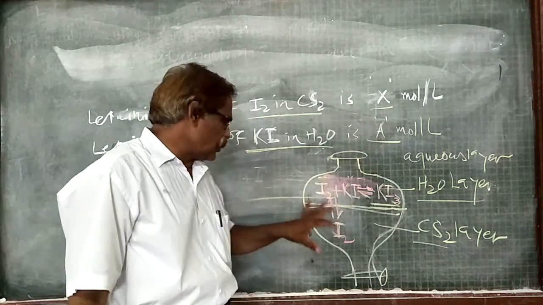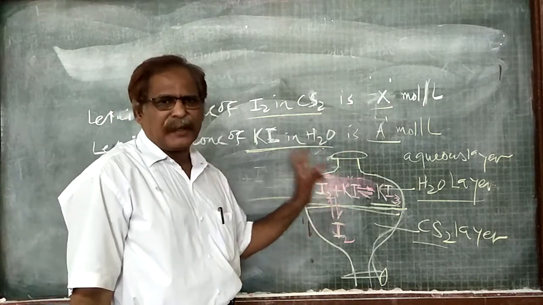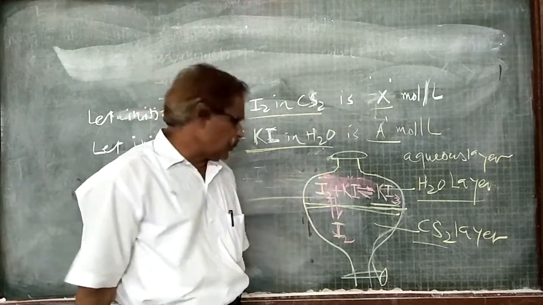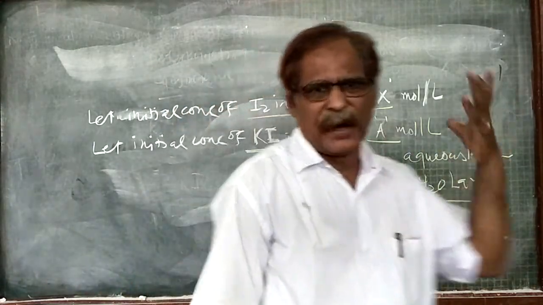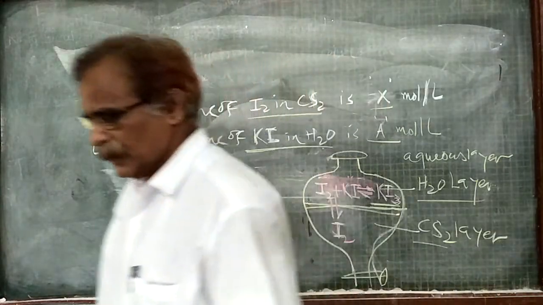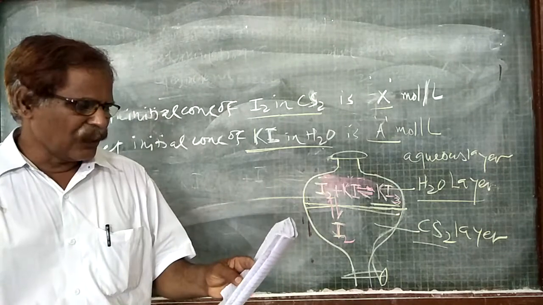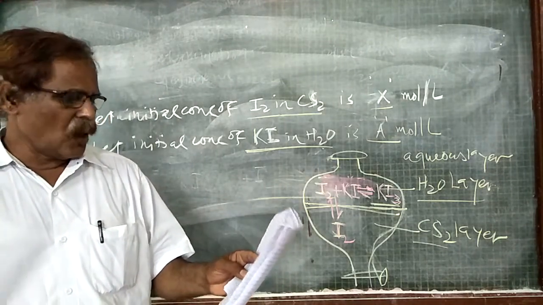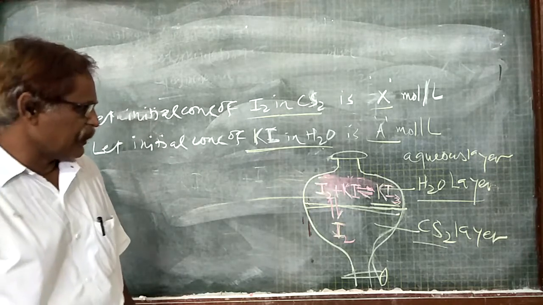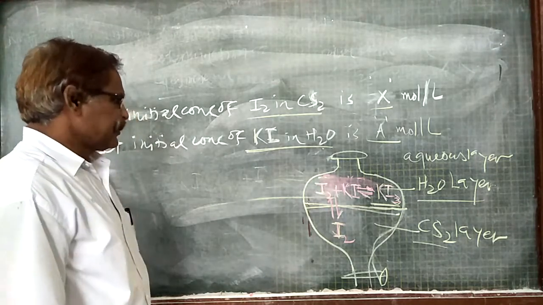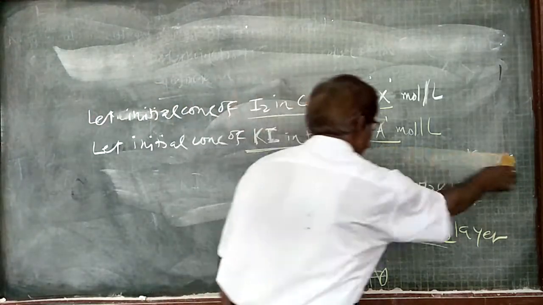We must know the concentration of free or uncombined iodine at equilibrium and the concentration of free or uncombined potassium iodide at equilibrium. So let us see how we can calculate the concentration of these chemical species, free iodine, free KI and potassium triiodide complex at equilibrium.